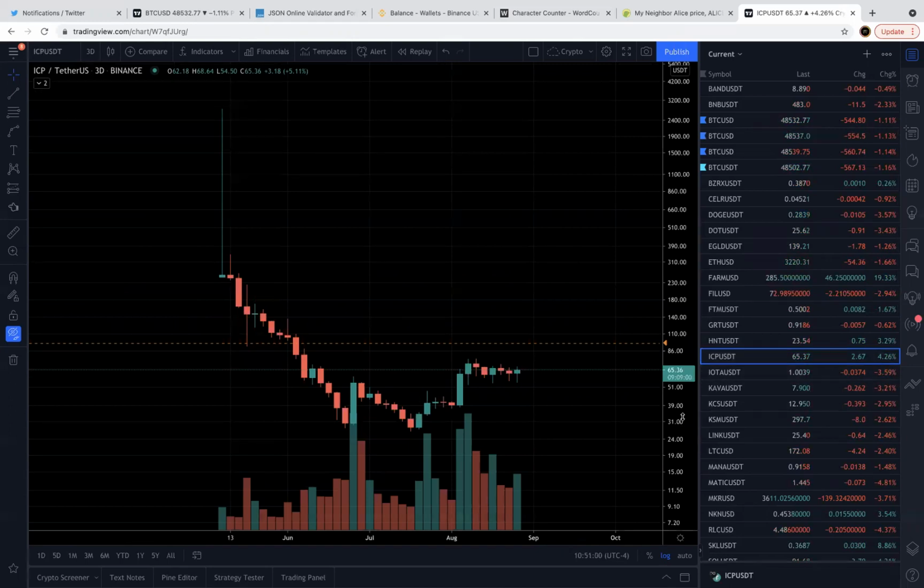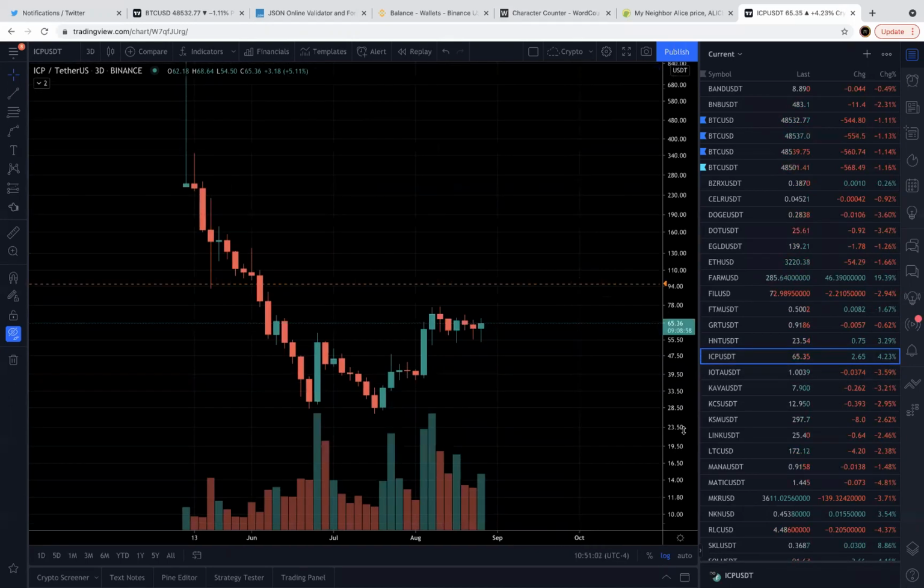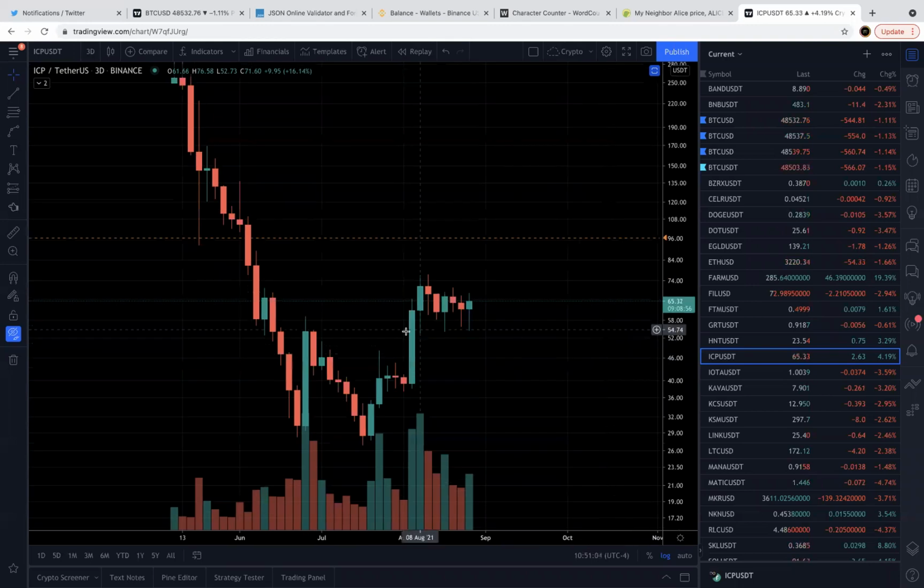ICP is coming out from its consolidation, so watch out, right? It created this base, you see, it created a main base here, bottom here, now created another secondary bottom here, and this is kind of a move. And now what you see, little 2-3% down from today's peak is also because of BTC, right?